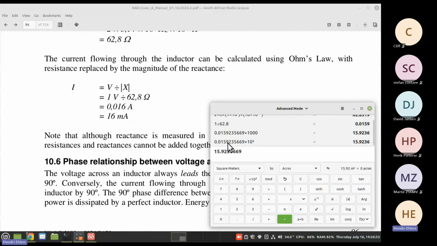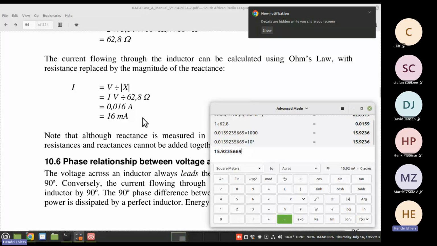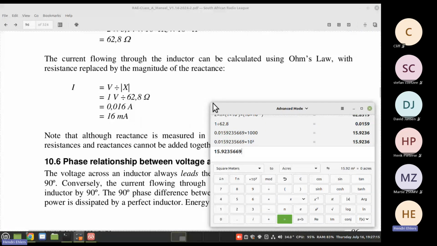Now, for a moment it looked incorrect, but looking at it a little bit longer, I realized that it's 15.92, which is close enough to 16, rounded off. If I redo the book, I will put that exactly like this, so that you know that you are 100% correct.